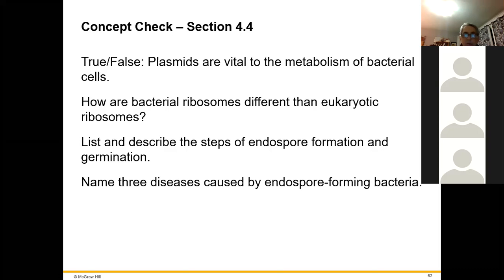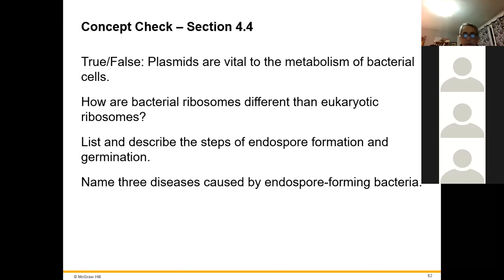Bacterial ribosomes are a little bit smaller and not as complicated as eukaryote ribosomes. The steps in endospore formation and germination. First of all, when we talked about the gram stain, which group, gram negative or gram positive, makes endospores?